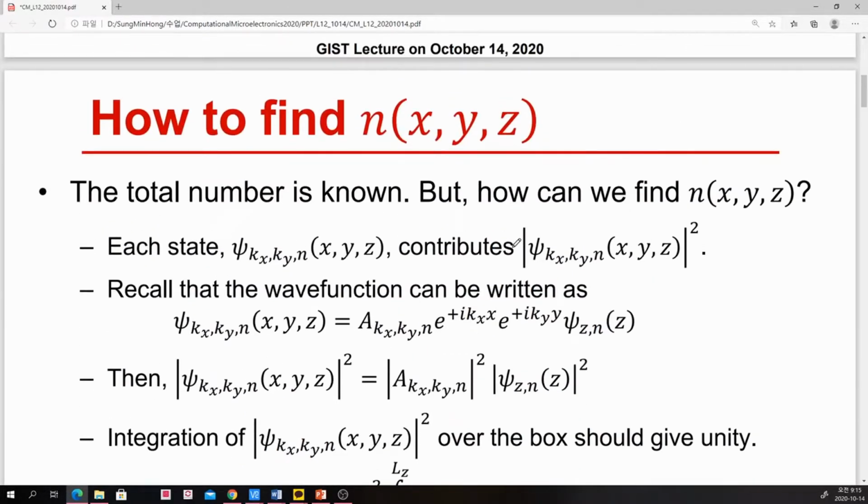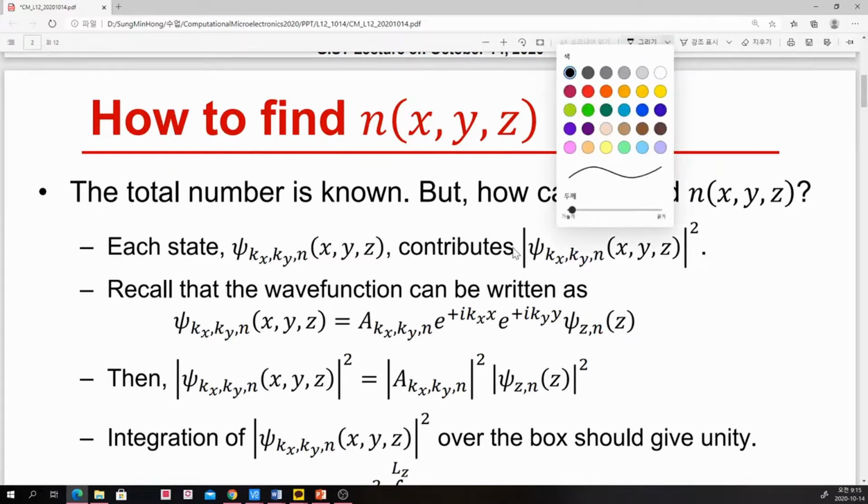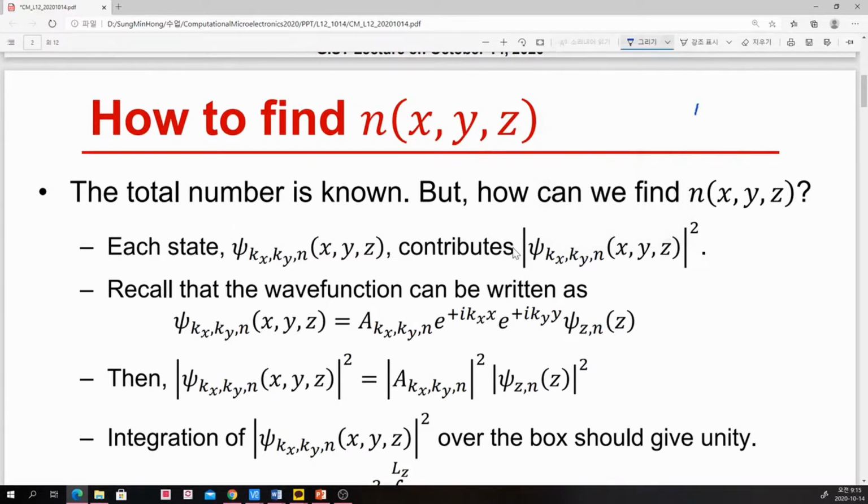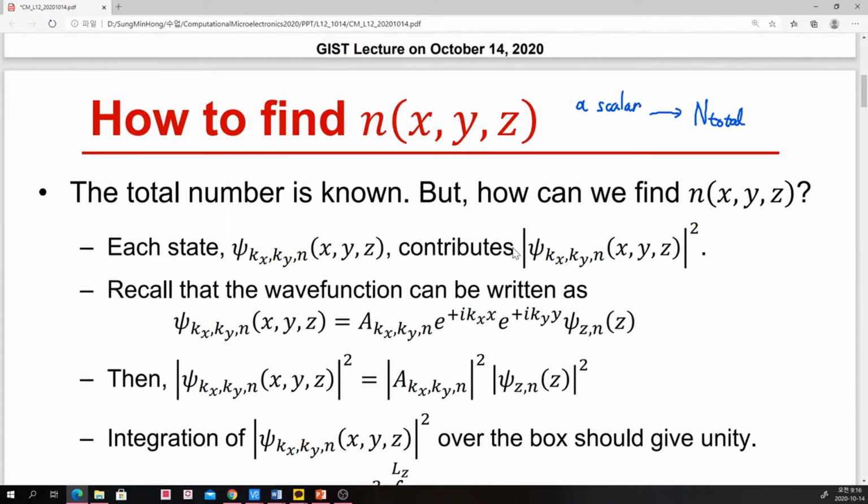So up to now, we have calculated the N total. This one is a scalar number, so it does not depend on position. This is just a number.